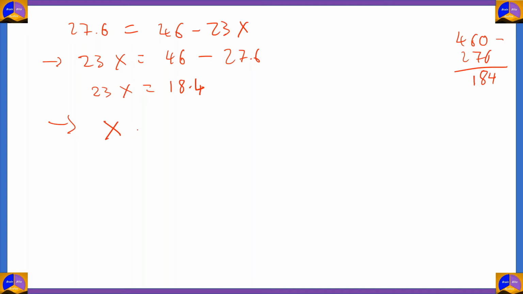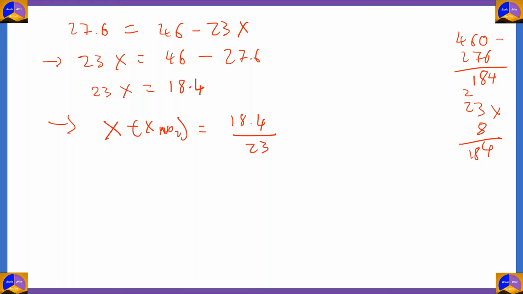So the mole fraction x, which is the mole fraction of NO2, will be equal to 18.4 divided by 23. And on multiplying 23 times 8, you'll get 3 times 8 is 24, 2 times 8 is 16, 16 plus 2 is 18, you'll get 184.